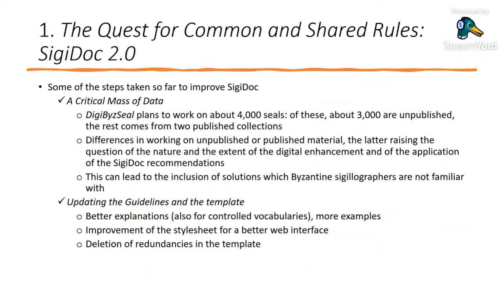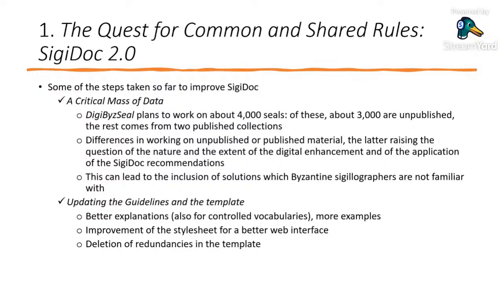Those data in our project come from published and unpublished materials, and this forces us to face many problems, especially when working on already published material, because this lack of common and shared rules is very explicit in already published material.